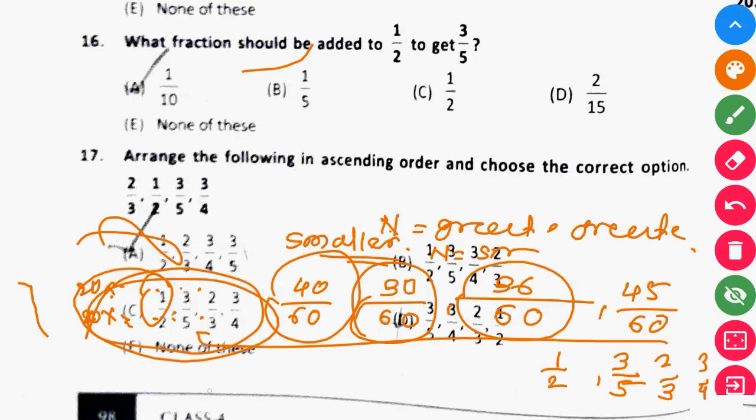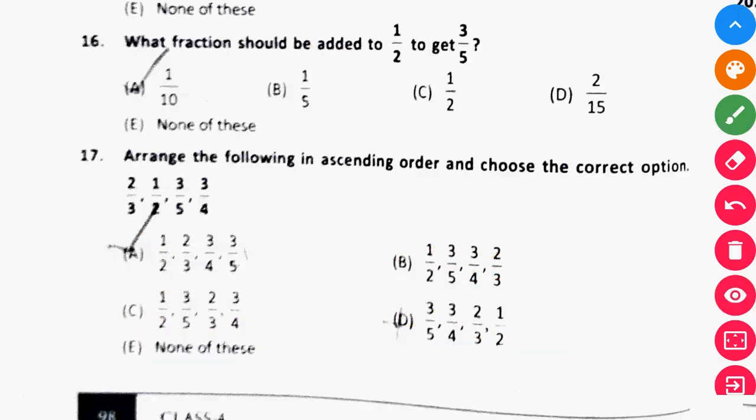So convert them into like fractions and then choose the correct order. Okay. 3 twos are 60, 40, 2 fifteens are 30, 12 threes are 36, and 15 threes are 45. C is the correct option, not A. Okay.